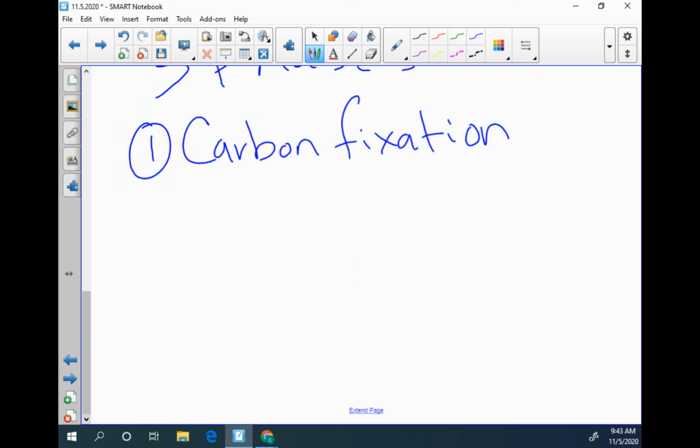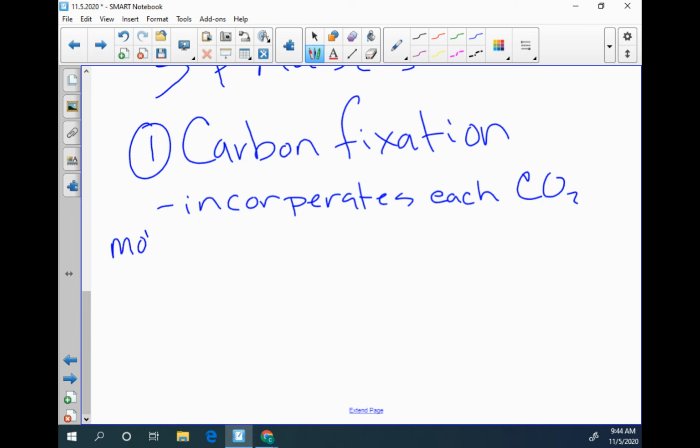So the Calvin cycle incorporates each carbon dioxide molecule one at a time. So it'll take a CO2 molecule from the atmosphere or from the inside of the cell and attach it to a 5-carbon sugar.